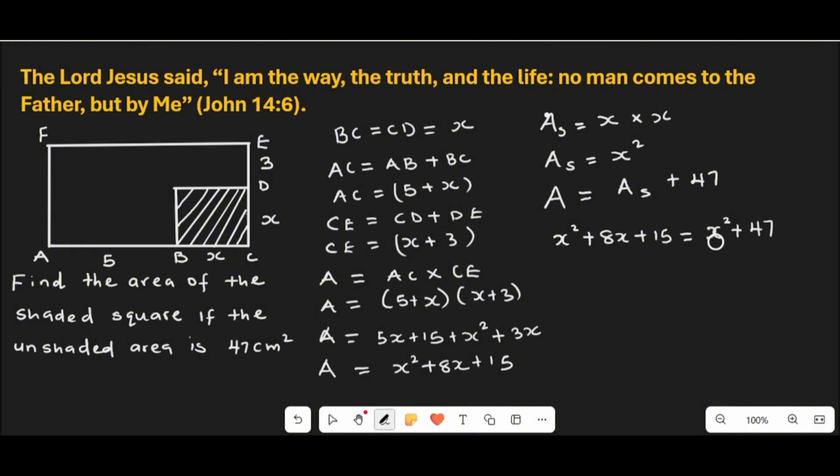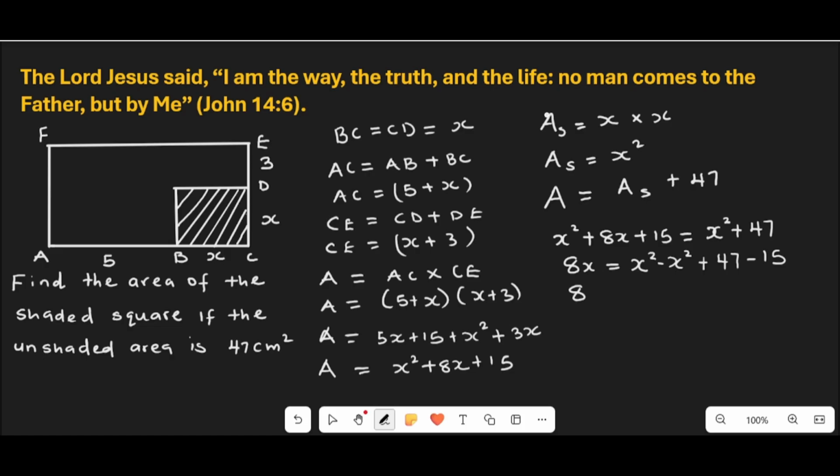Let us bring x squared and 15 to the right hand side, and the positive sign will change to negative sign. So we are going to have 8x equal to x squared minus x squared plus 47 minus 15.